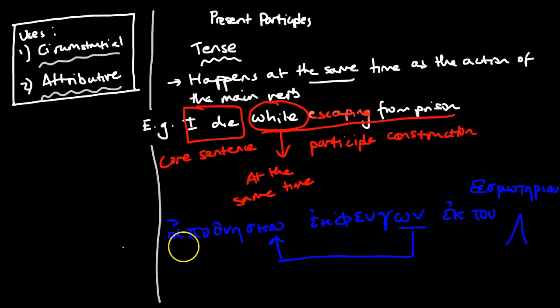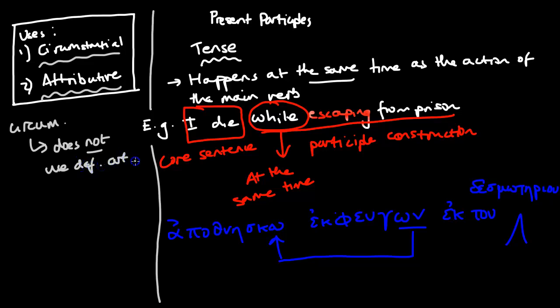Okay, so basically that means circumstantial uses the definite article. I'll just abbreviate that. Sorry, circumstantial does not use the definite article. But the attributive does.